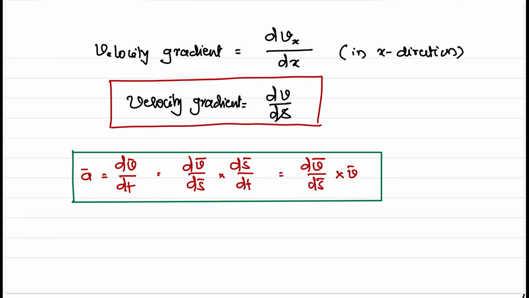Once velocity vector and positional vector and rate of change of velocity vector with respect to the positional vector we know, then we will be able to know the acceleration of the particle. This is the importance of that positional vector and velocity vector. This is change in velocity vector with respect to positional vector.